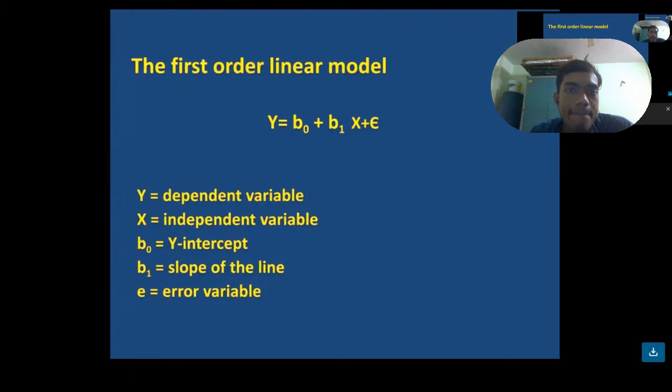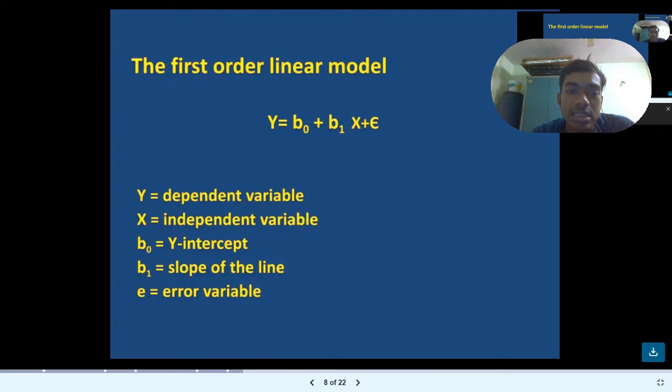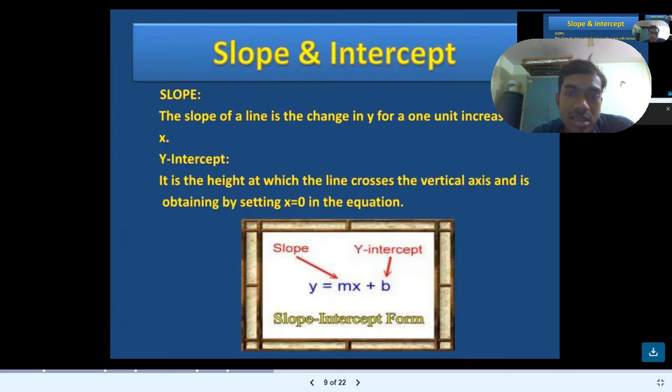The first order linear model is y equals b0 plus b1 x plus epsilon, where y is the dependent variable, x is the independent variable, b0 is the y-intercept, b1 is the slope, and epsilon is the error.